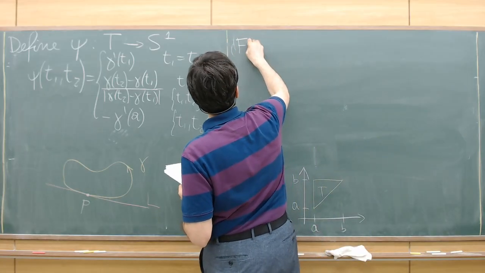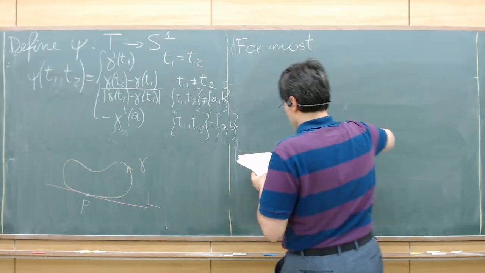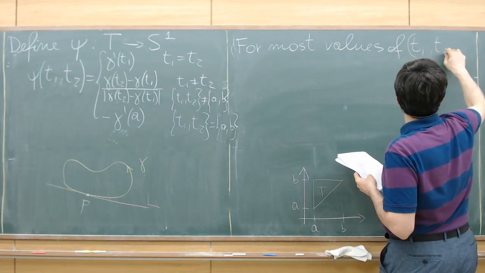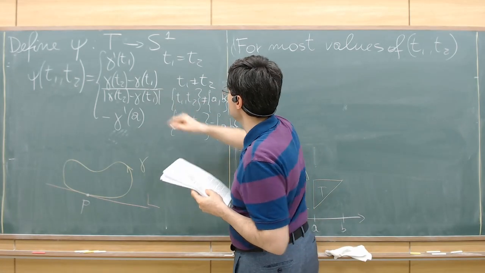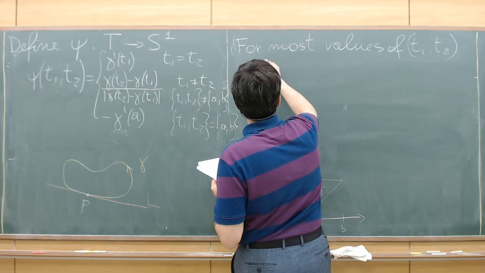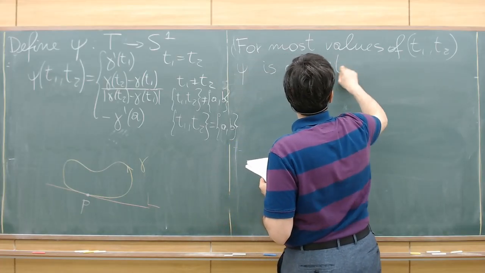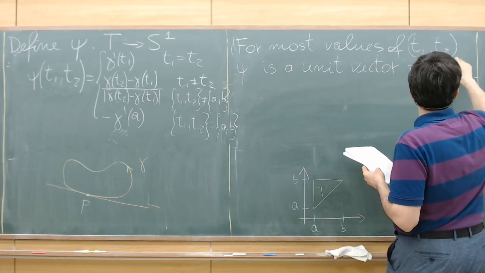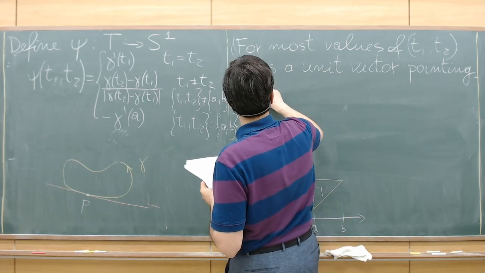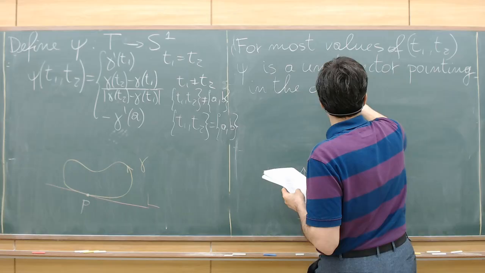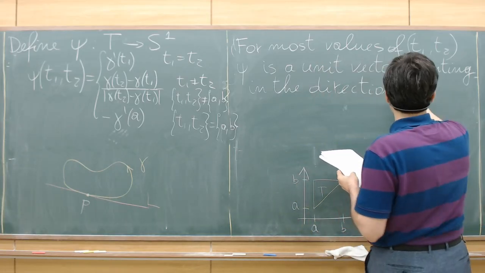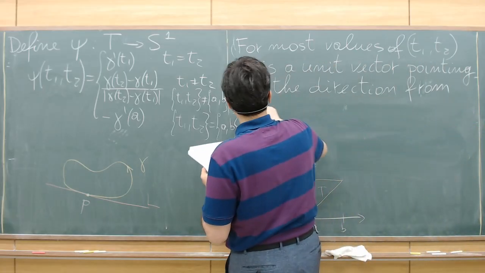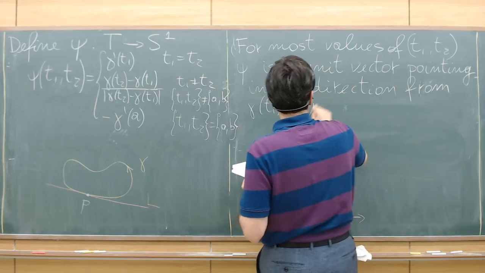So for most values of t1, t2, psi is this vector here, and it is a unit vector pointing in the direction from gamma of t1 to gamma of t2.